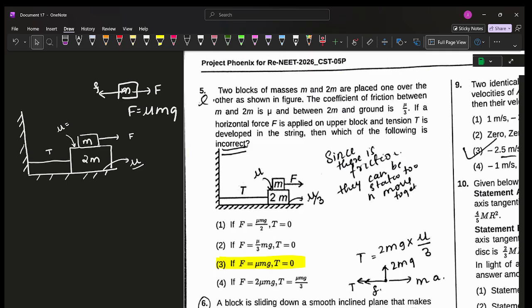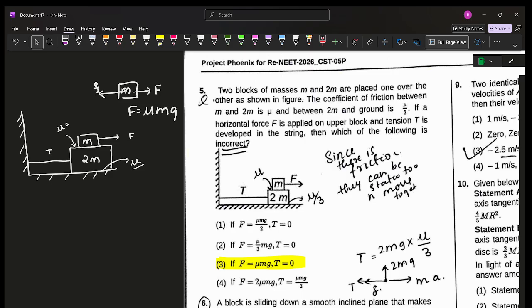So tension is going to be zero. So these are the cases where tension is zero.